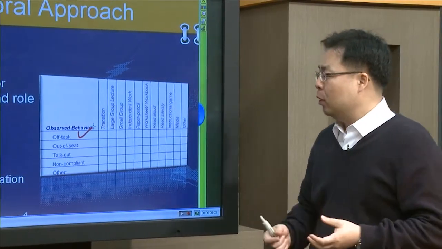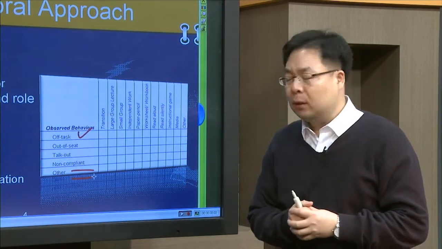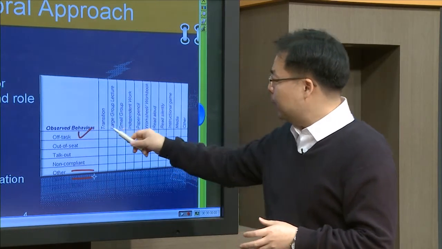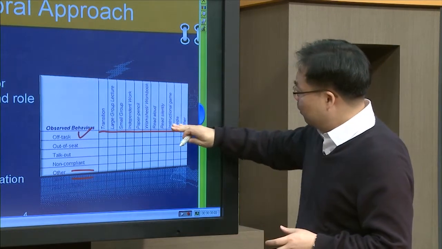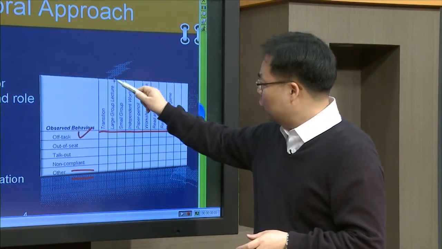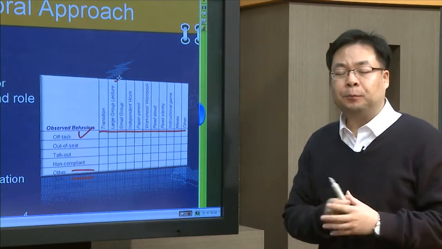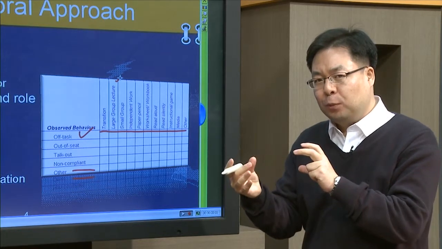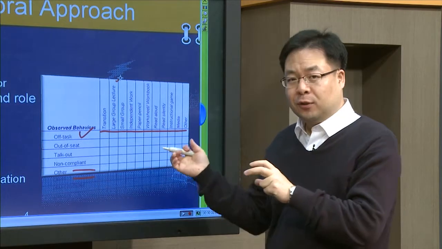We can describe certain behaviors here, and these are the observed behaviors. This part is about different settings and conditions: large group lecture, small group, independent work, and so on. So we can analyze a particular student's behavior by using this analysis table.